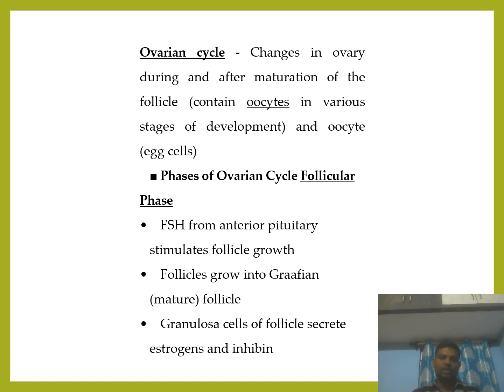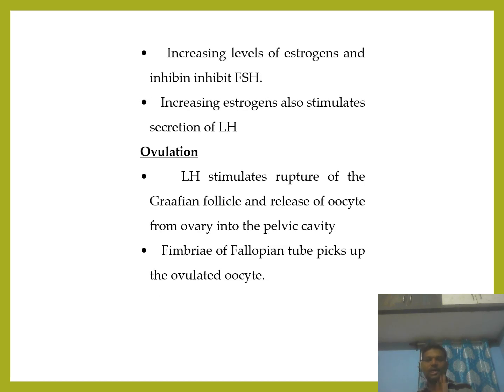First phase, the follicular phase. Here, the follicle stimulating hormone from the anterior pituitary stimulates follicle growth. The follicles grow into the Graafian follicle, which is nothing but the matured follicle. Now the granulosa cells of the follicle secrete estrogens and inhibin.